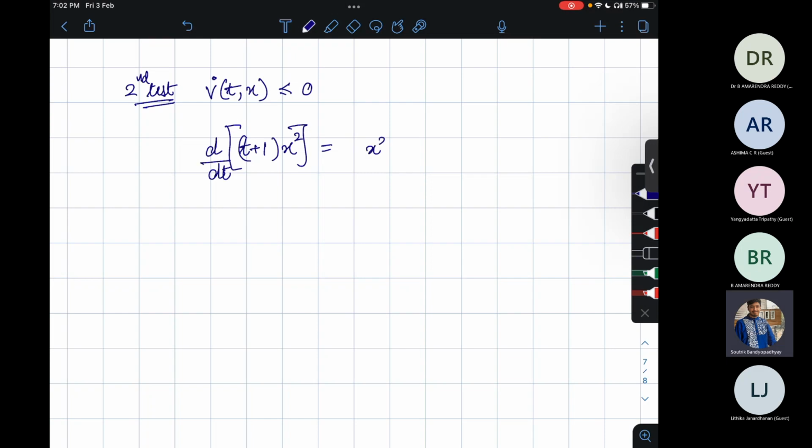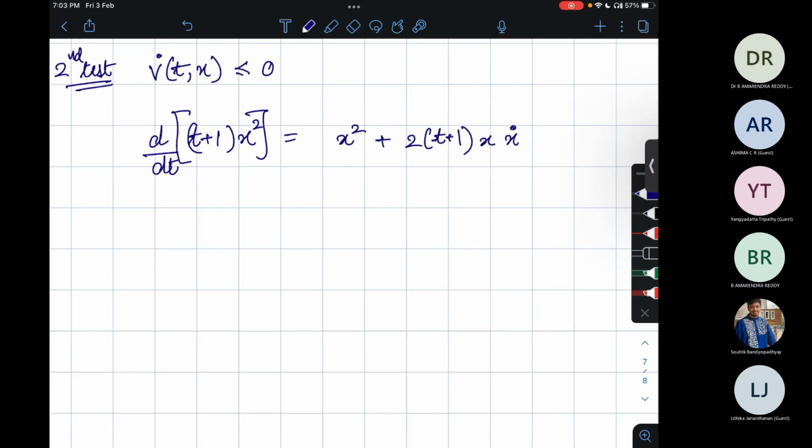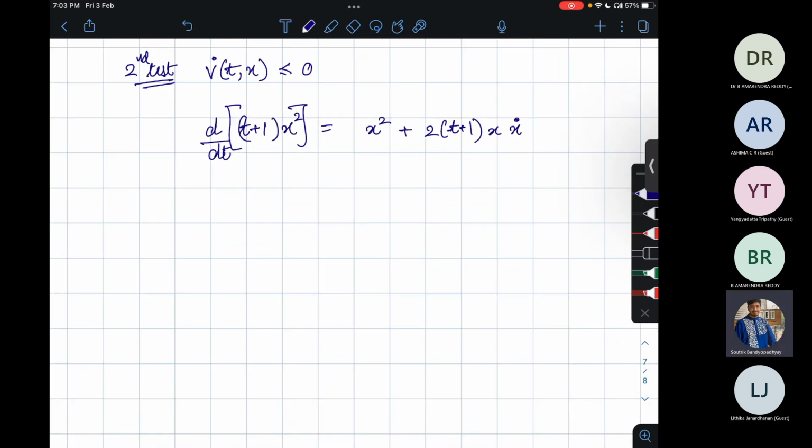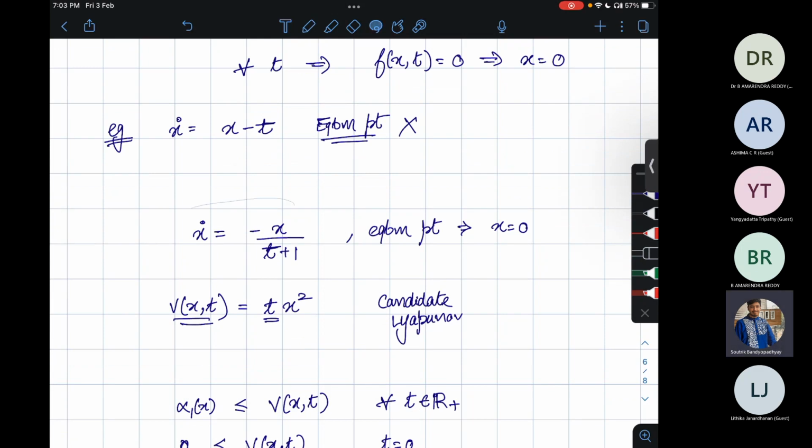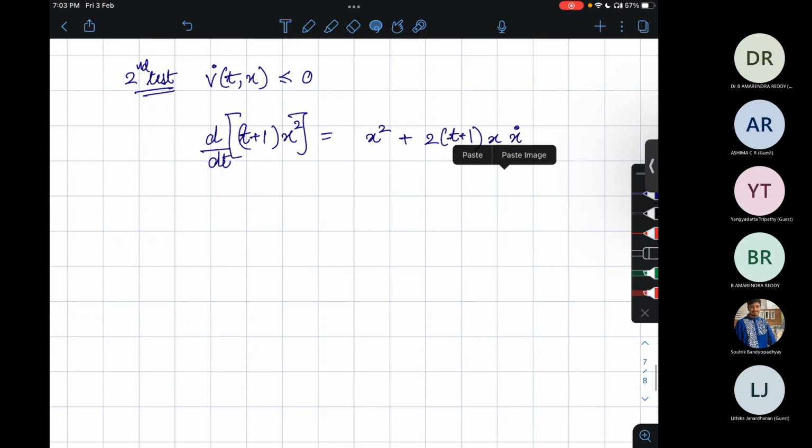So it would be x square plus t plus 1 into 2x into x dot. Is this correct? Yes? Okay. Now if we substitute that original dynamics over here, so this was your original dynamics, I'm placing it over here.